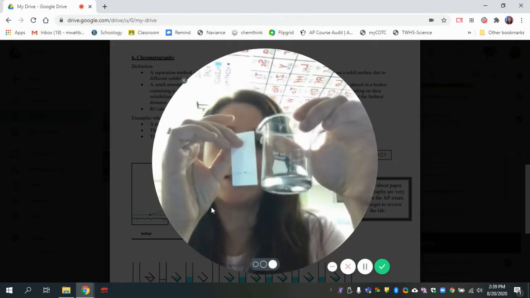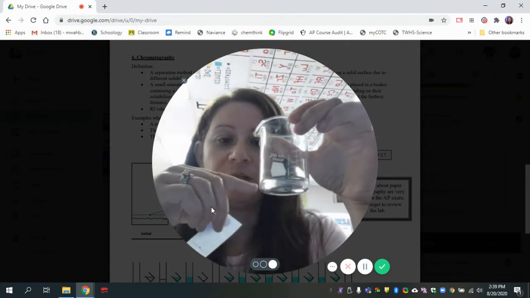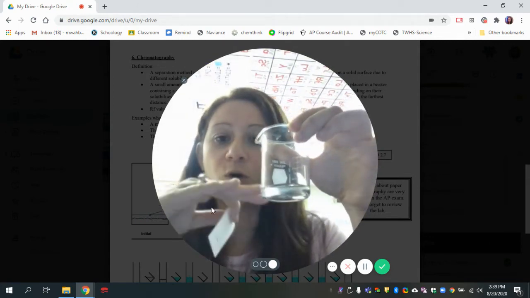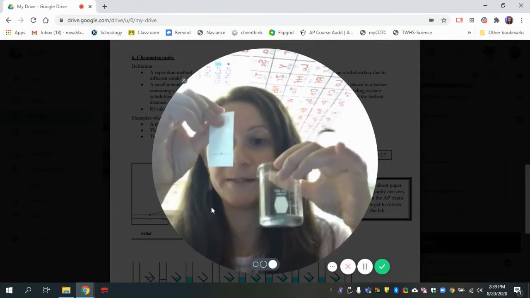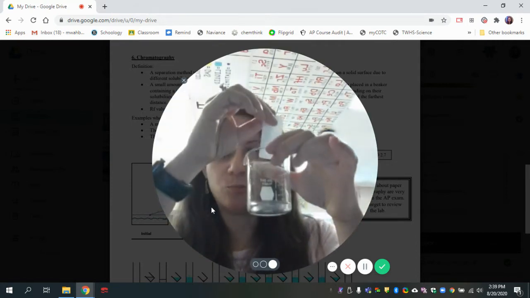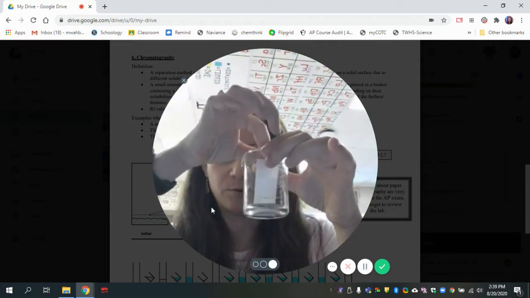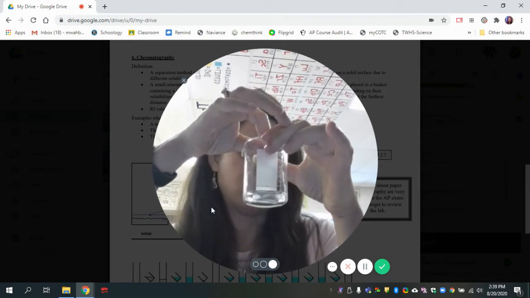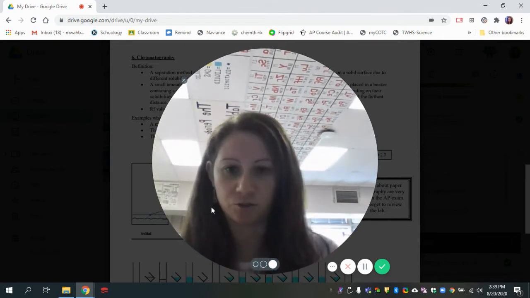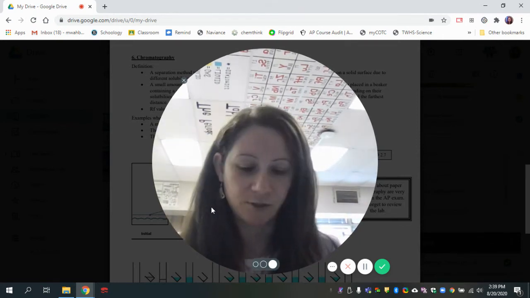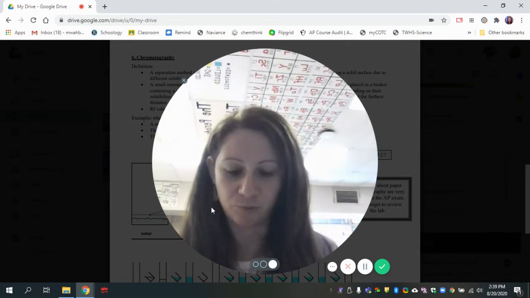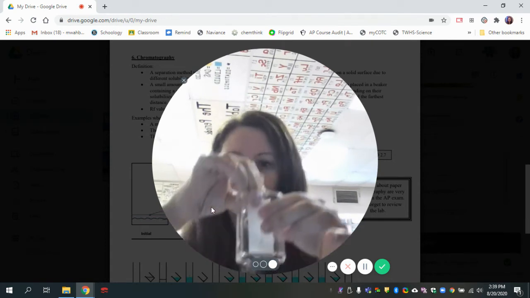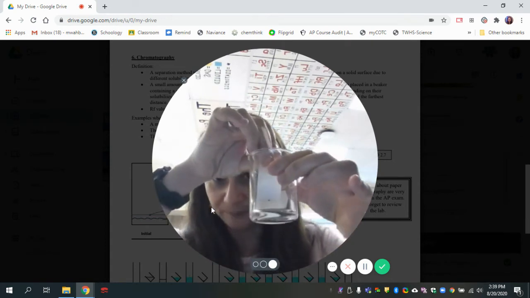Now, this is key: your liquid level should be lower than where your line is. And then you put your piece of paper in here and you usually hang it up with a stir rod or something like that. We typically in our classroom just use a wooden stir rod and have it hanging like that.